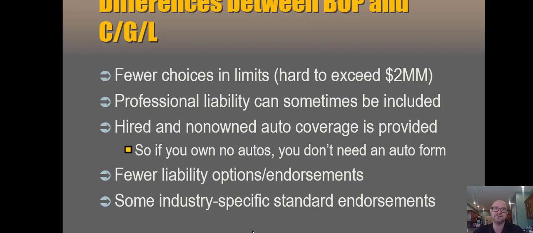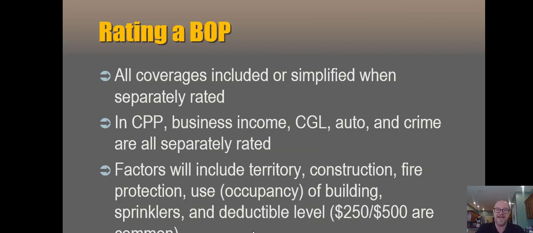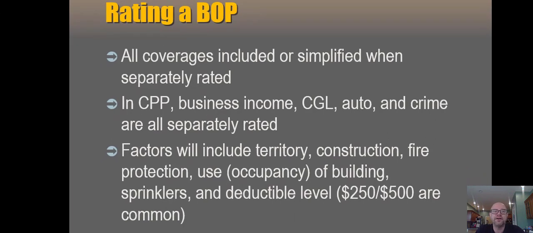Those types of operations, their insurance needs are not going to be fancy. We're going to try to meet them with a BOP. Now, when you rate that, we're rating all the coverages. It's simplified again, so we're including everything. We can't spend a whole lot of time rating property, liability, and all the other exposures that we normally would.